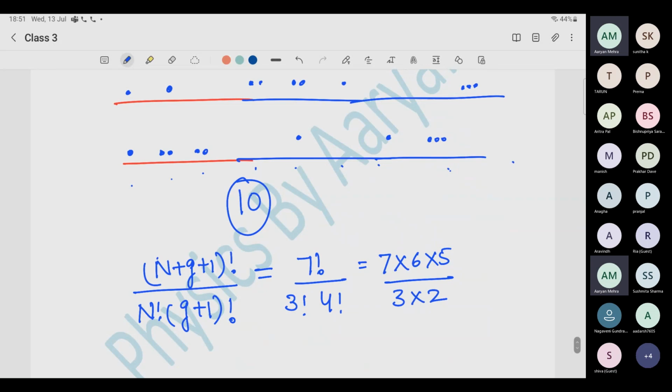So let me just check the formula very quickly. The formula is okay.